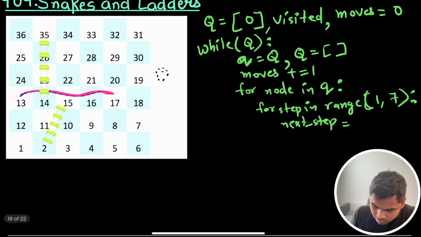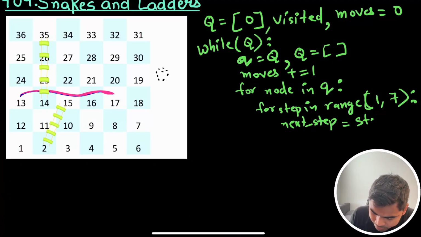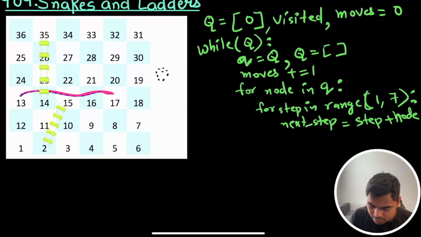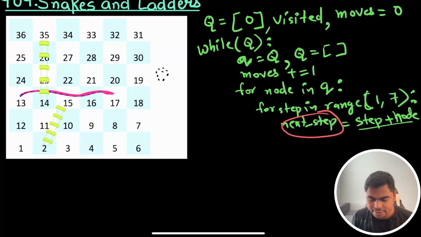Next step would be step plus this node. Remember, this node is a value, right? It represents an index. So this right here is my next step, but this next step can have -1, or it can have some value.